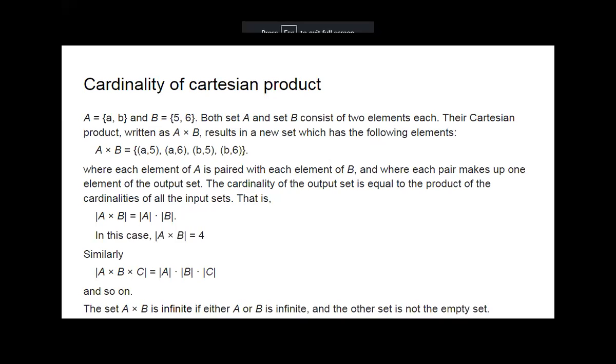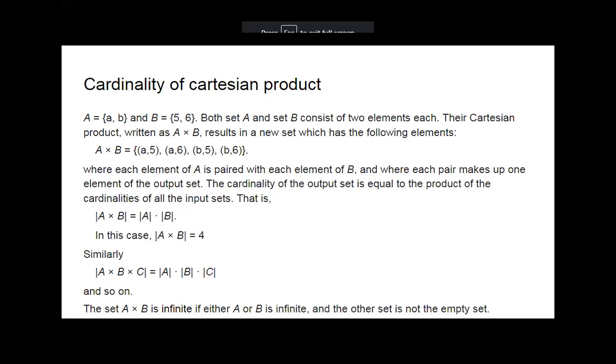For example, we have taken A as the set of small a, b and B as the set of 5 and 6. In the Cartesian product there will be 4 elements: a5, a6, b5, b6. The cardinality of A is 2 and the cardinality of B is 2; 2 into 2 becomes 4.